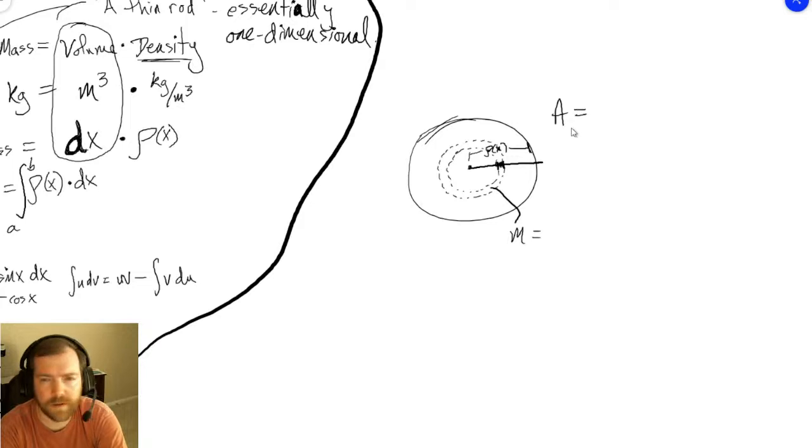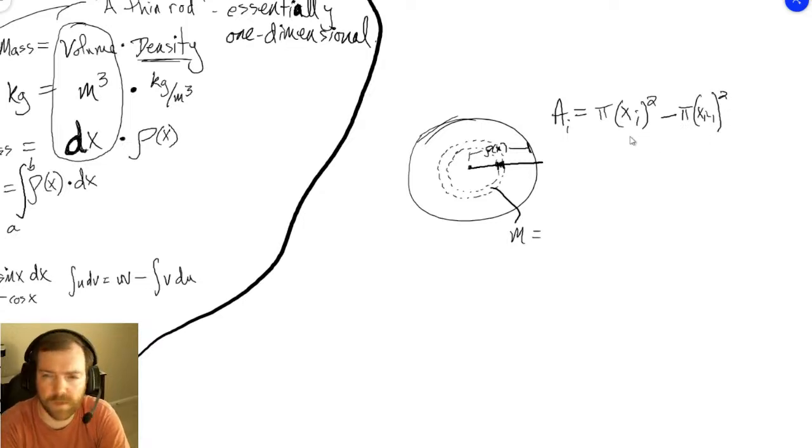The area at any given x sub i is going to be pi times x sub i squared minus pi times x sub i minus 1 squared. It's pi times x sub i squared minus x sub i minus 1 squared.